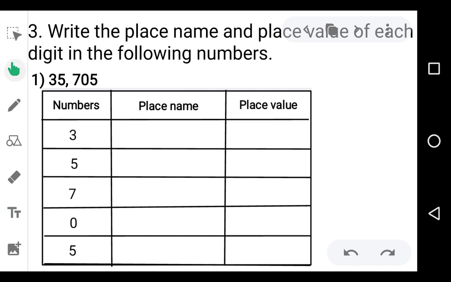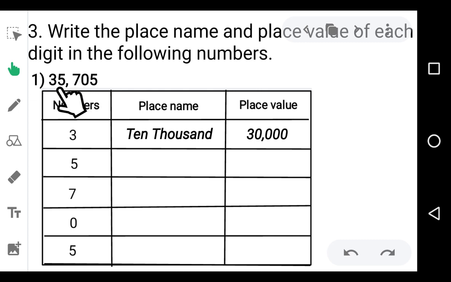See here. Write the place name and the place value of each digit in the following number. See here, what we have to do? Here, first we read the number and write its place name and then its place value. See here, this is 35,705. Here 3 is at 10,000 place, so its place name is 10,000 and its place value is 30,000.